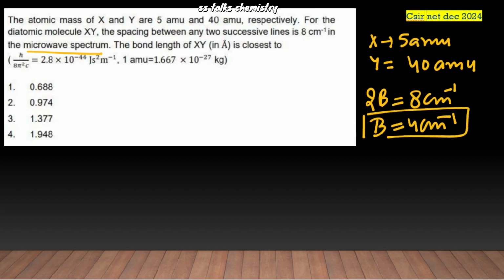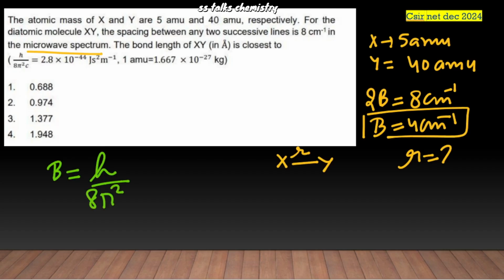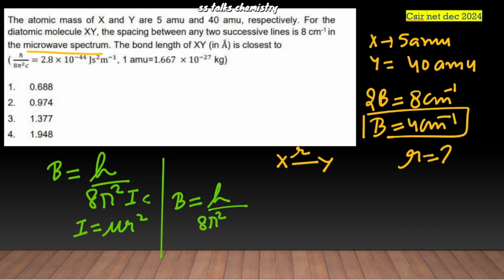Next, the bond length is being asked, so that means they are asking us to find the R value. This is the bond between X and Y, and the distance between them is being asked, right? Now B value I know: it is h upon 8π² I c. I value we know is μR². So B equals h upon 8π² μR² c.